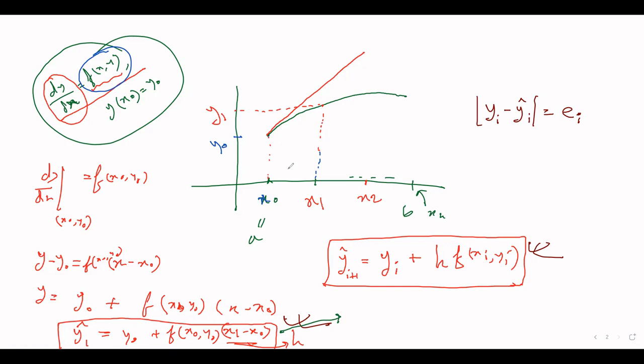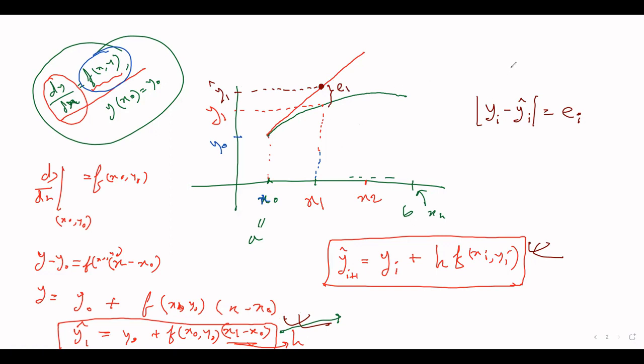And finally, we will put x equals x1 in the tangent line and get the value y1 cap, which is this value. This is the point on the tangent line where x is equal to x1. So this is y1 cap. The actual value on the curve is y1, but we are getting y1 cap. So there is this little bit of error e1.